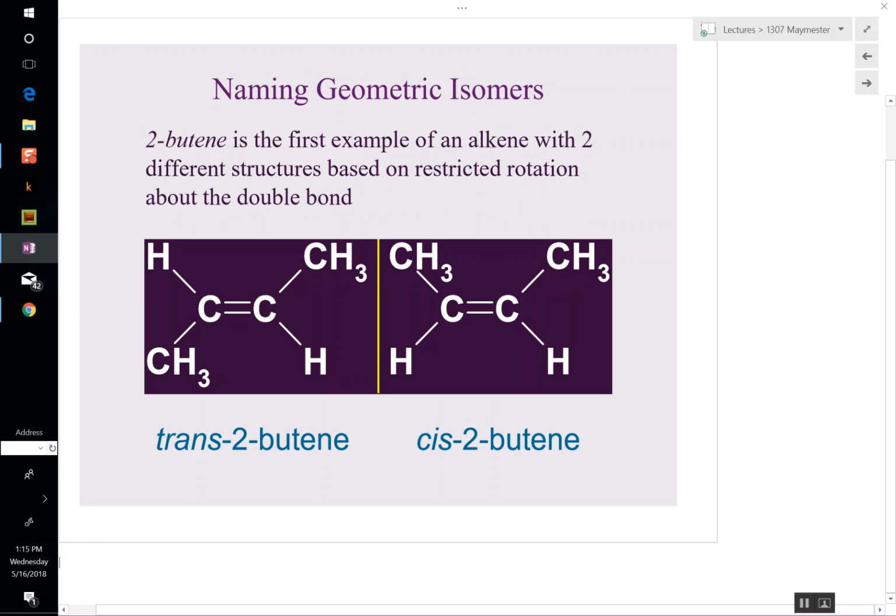This is the common group that is on both carbons. Each carbon has one of these. And they're on the opposite side of each other, so it's trans. Each one of these carbons has this group, and they're on the same side of the double bond, so it's cis.